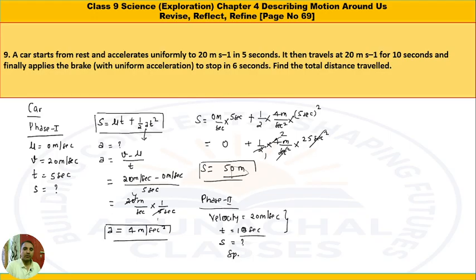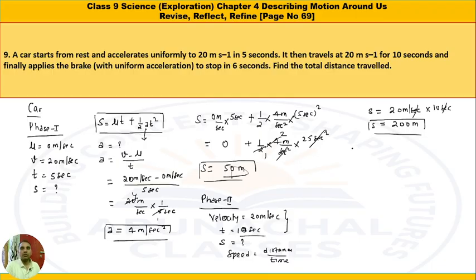We know that speed is equal to distance upon time. Now we can find the distance here. Distance will be equal to speed, that is velocity, given as 20 meter per second, multiplied with time, that is 10 second. So it will be 200 meter. Second and second get cancelled. So the distance in phase 2 covered by the car is 200 meter.